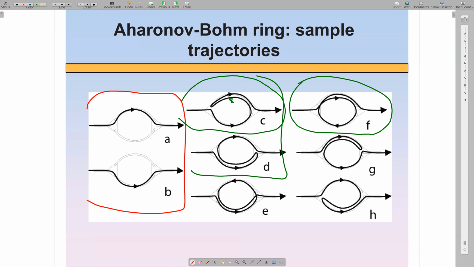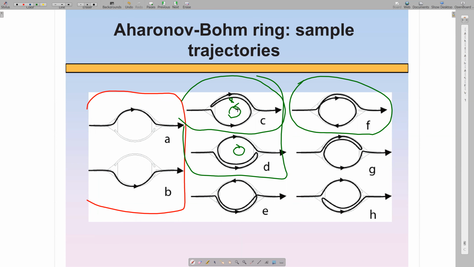These trajectories only differ by propagation in the loop. Look here, it goes counterclockwise, and here clockwise. Otherwise, it covers precisely the same parts of the nanostructure. So trajectories C and D. I put in a few more trajectories, but I don't want to use them.